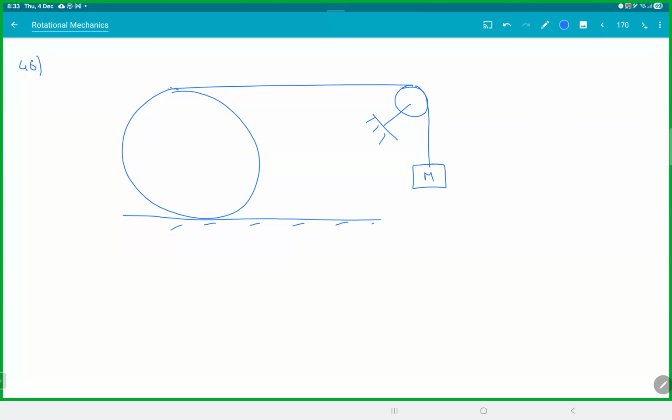Let's say this is M. No slipping. This is mass M, radius R, solid cylinder.